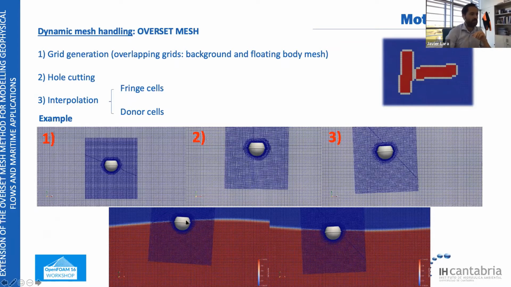Here we have an example of a buoy floating on the water, and then we have the fine mesh on top of the background mesh, and we can easily see there is no interference between the two meshes. There is a connection. We have an interpolation method which is working between both meshes and is transferring information from the coarser mesh to the finer mesh.